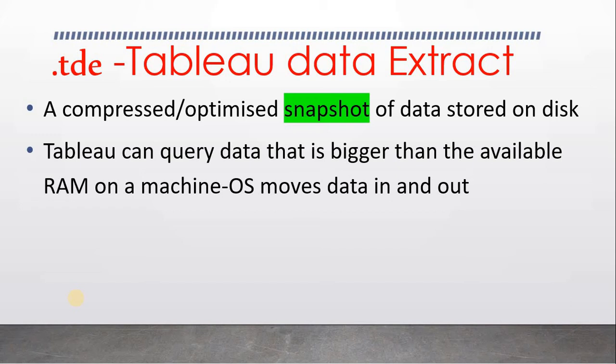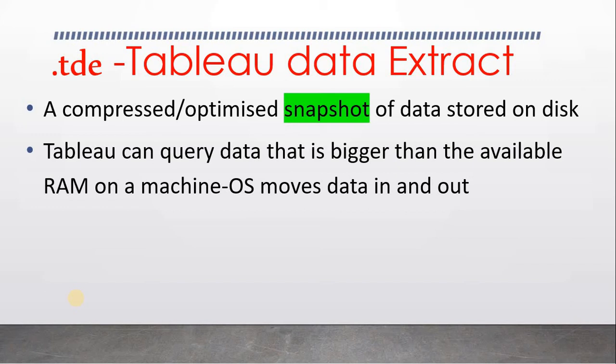For example, if we have space in RAM of, let's say, 50 megabytes, but we have 100 megabytes of data, it doesn't bring all of the 100 megabytes because there is no space, so it brings half. And then when we go to fetch some other part of the data, for example 25, the 25 of data not in use will be swapped out, and that way we bring more and more data into RAM to work on.